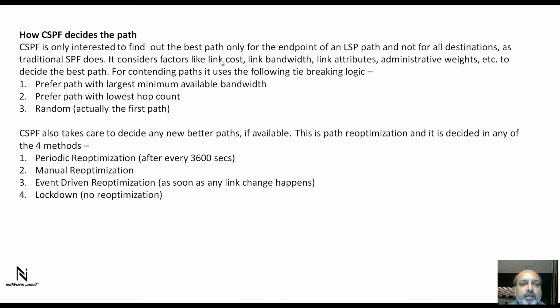And if in that way also it cannot differentiate between the contending paths, in that case it goes for a random pickup. That random pickup always picks the first available path, that means the path with which it first became acquainted.